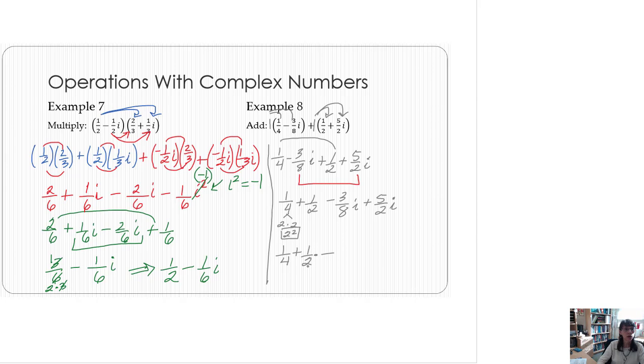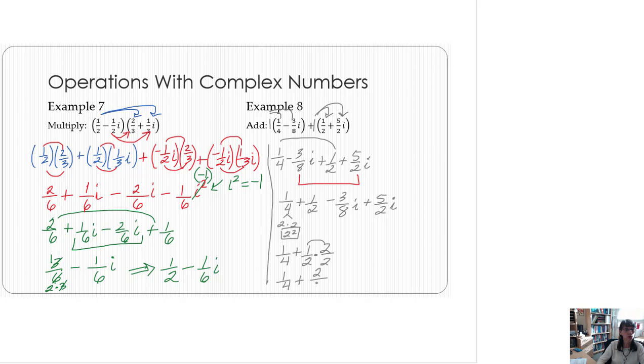So I'm going to start by writing 1/2, and I will have to build up this fraction. How could we make 2 multiply by something to make 4? So 2 times 2 would make 4. So if I'm building up the denominator by a factor of 2, I also need to build up the numerator by a factor of 2. So I have 1/4 plus 1 times 2, which is 2.